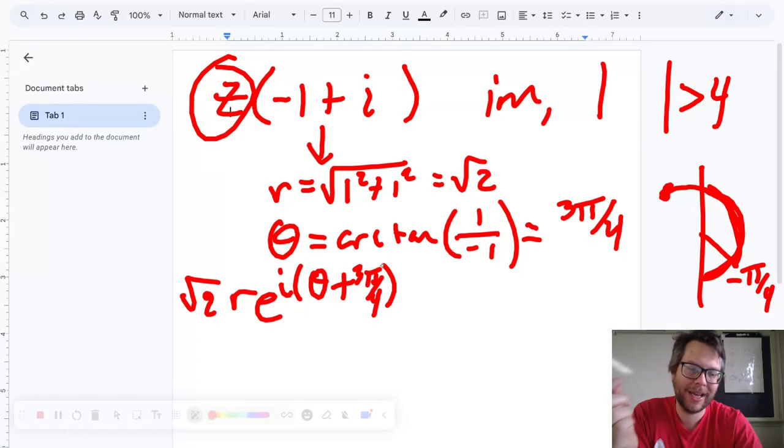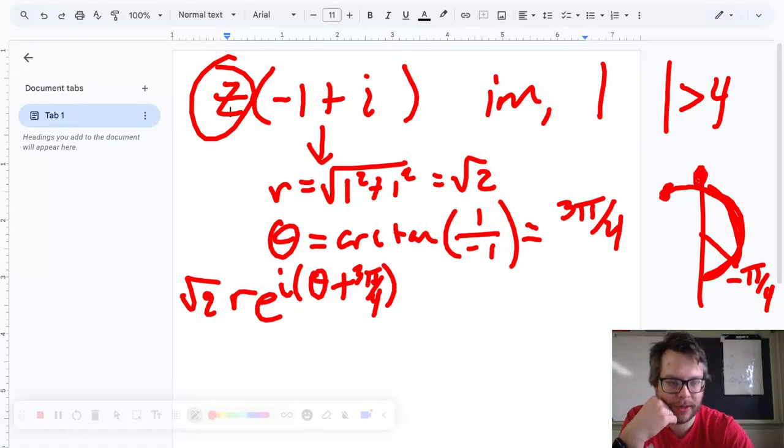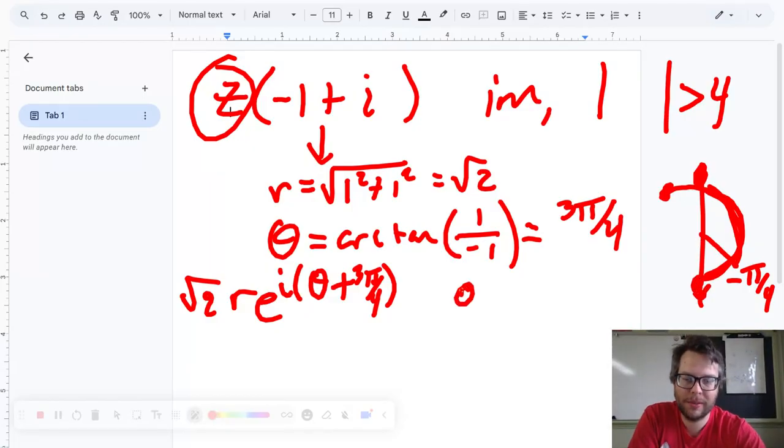We need it to be imaginary with a modulus of 4. Two options. We're up here on the positive y, or we're down here on the negative y. So first option, theta 1 plus 3 pi over 4 is equal to, on the positive y-axis, pi over 2.